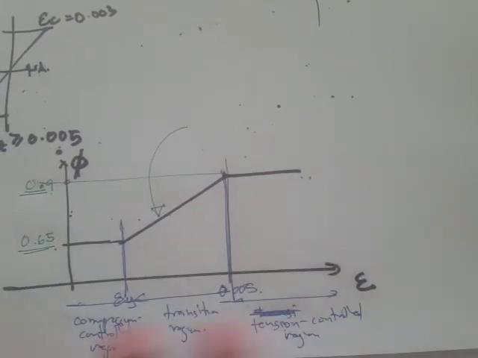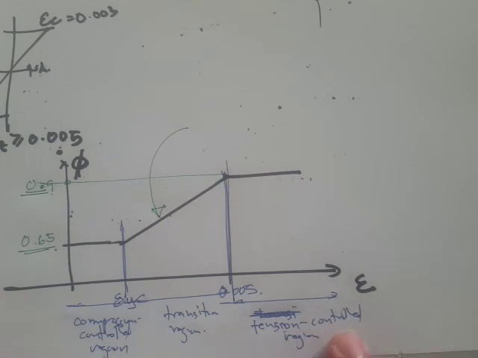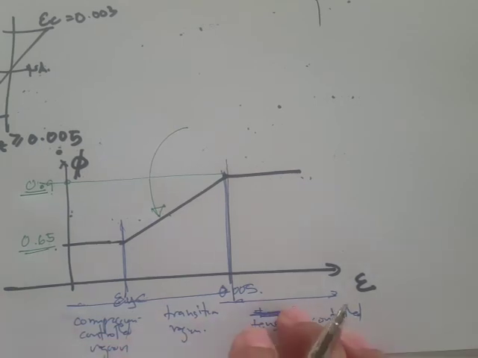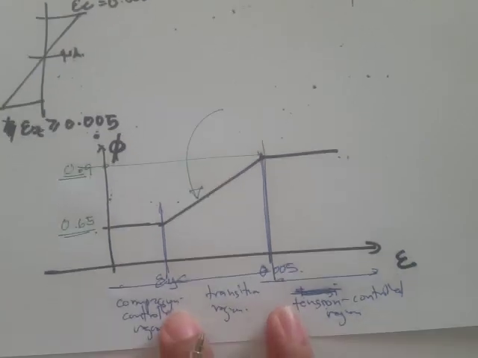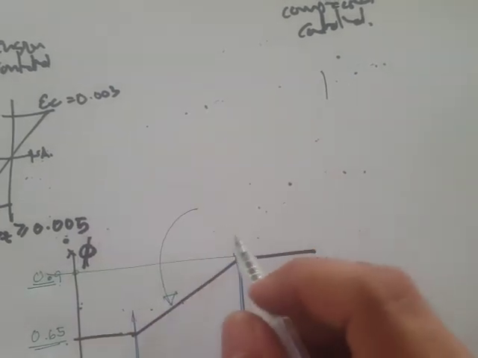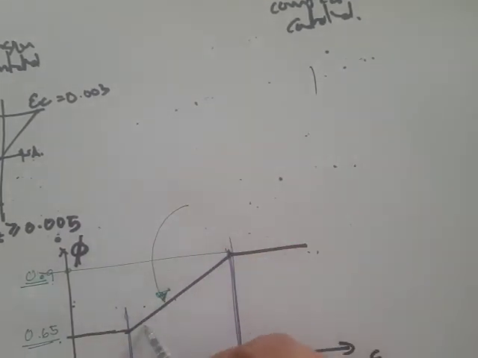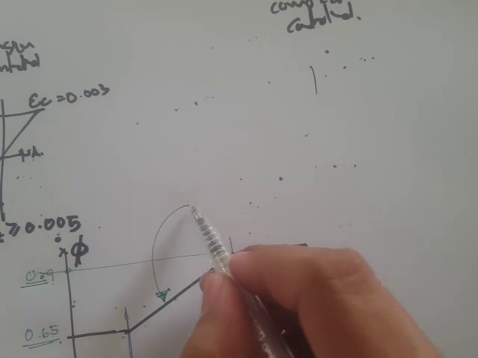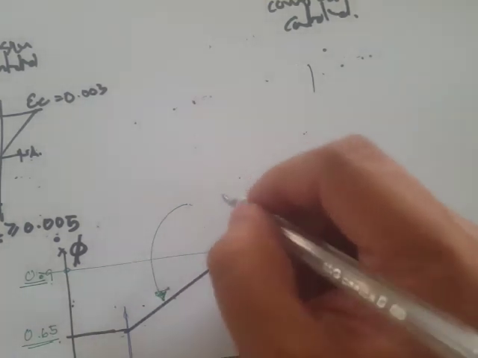So how do we know if you are in tension controlled, compression controlled, or in the transition region? We're going to determine that when we do the calculations for the strains. We'll discuss that in a while. For now, how do we know the reduction factor if you are in this transition region?